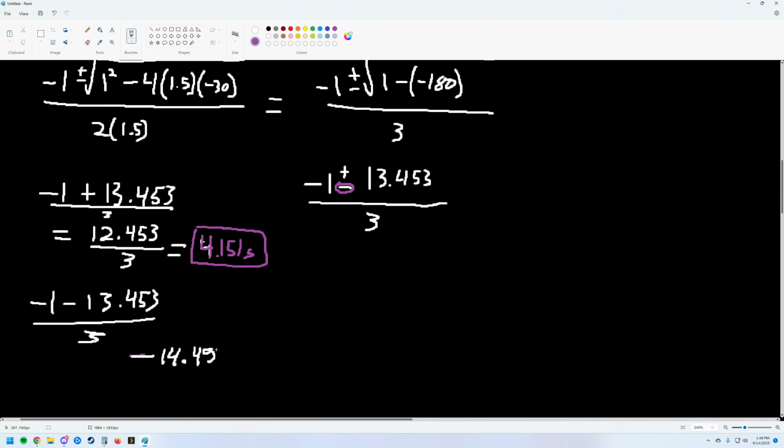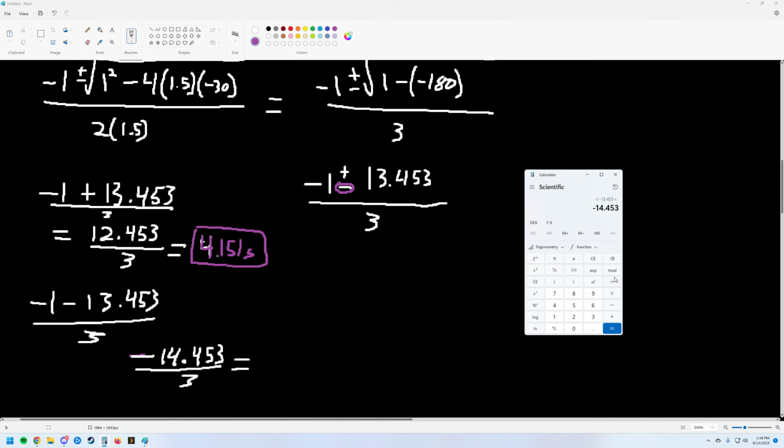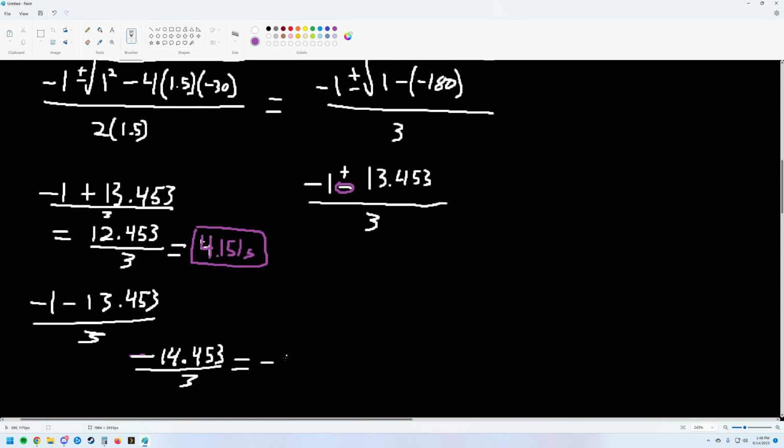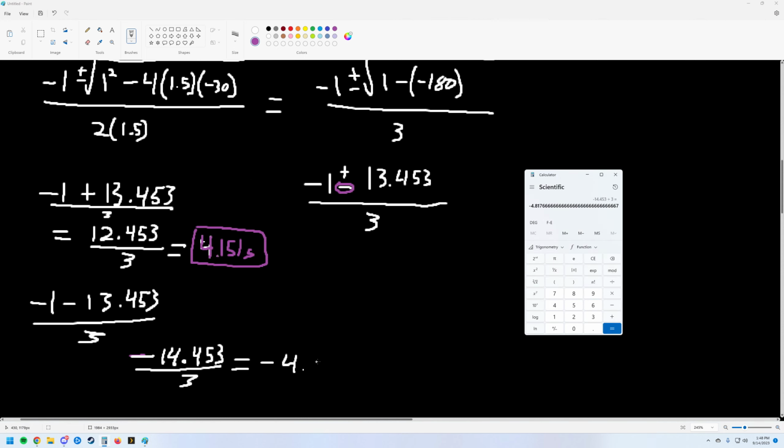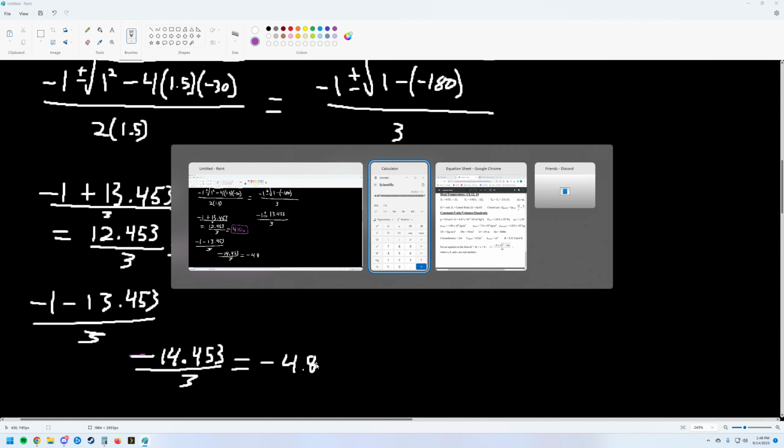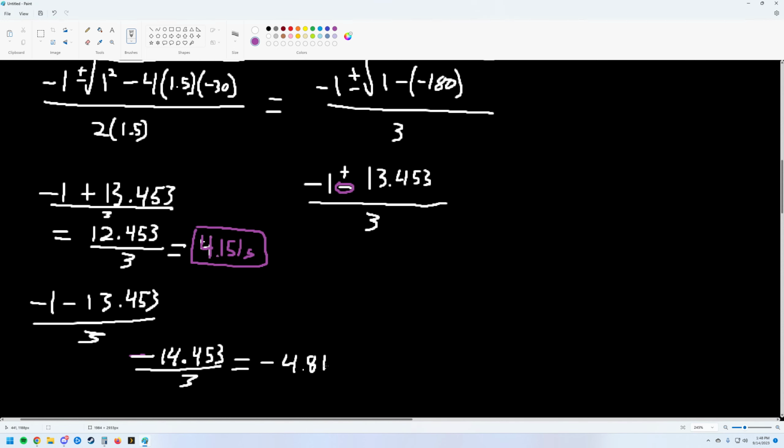Oh my goodness. Control Z, undo. And that'll be over 3. You can see here it's a negative number, so it's not going to work, but just to finish it off, negative 4.818. That is our other solution, and that's seconds as well.